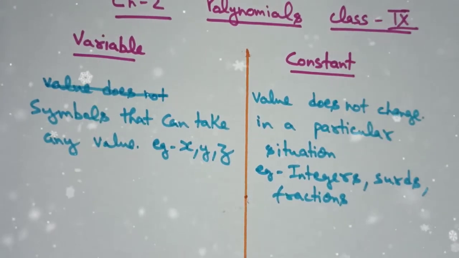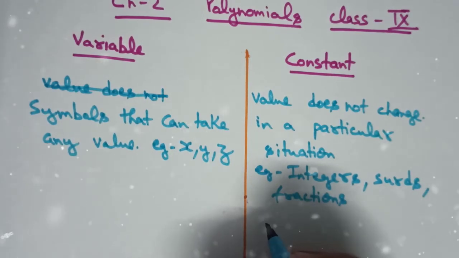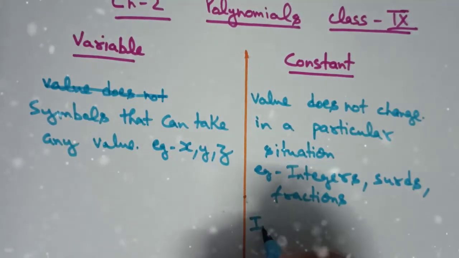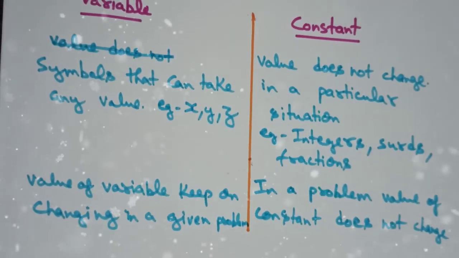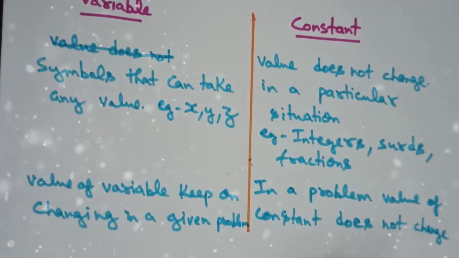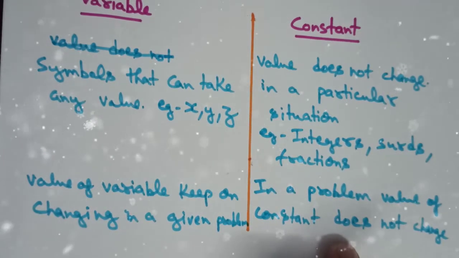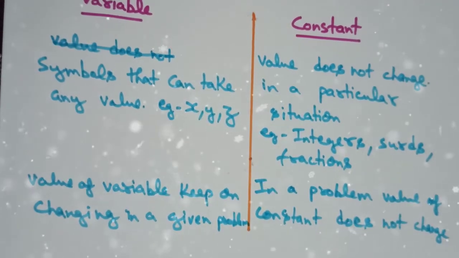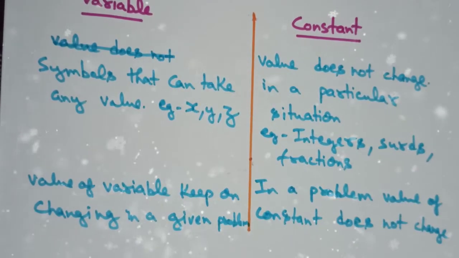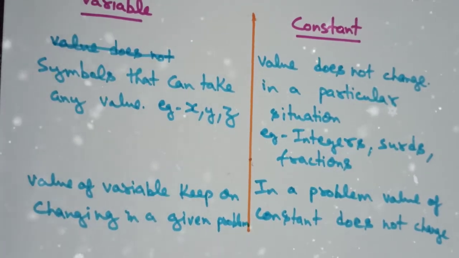The value of a constant in a problem does not change. It remains fixed in a particular problem, but the value of the variable in the particular problem keeps on changing.